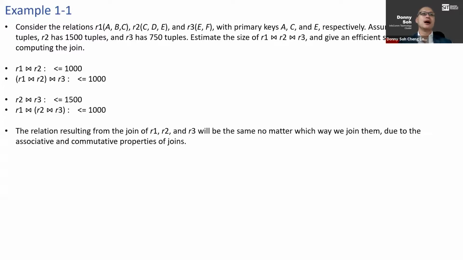R1 joined with R2. R1 has A, B, C. R2 has C, D, E. Sorry, I can't read the question, I need to shift this one somewhere.